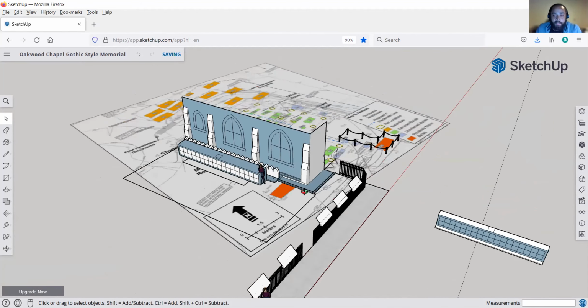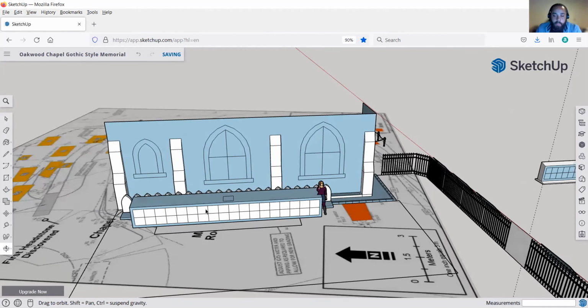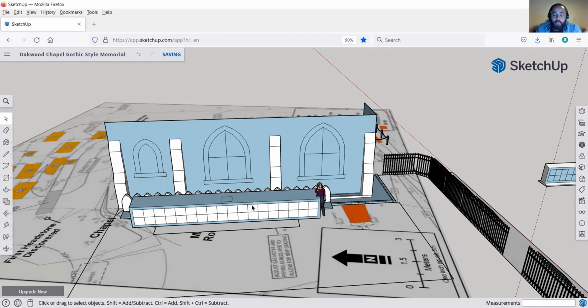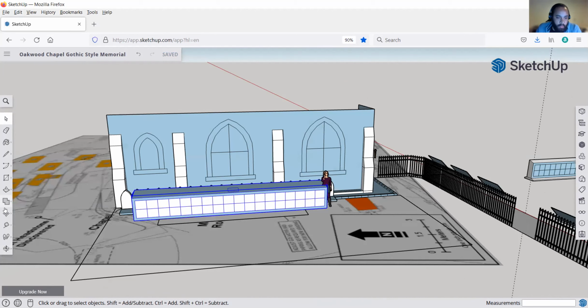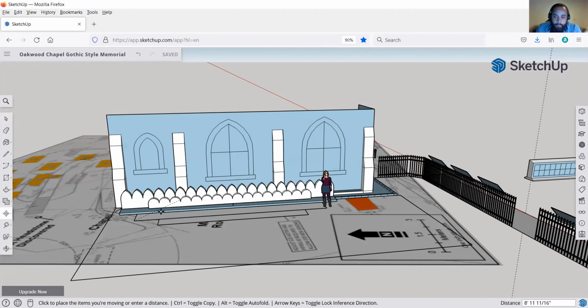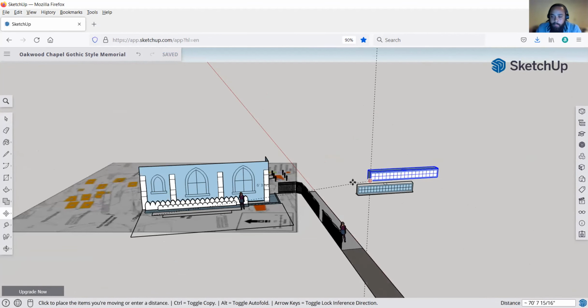And so right now, this has just been a great way to show and picture what a potential monument could look like. Let me move this one out of the way and go back to the Gothic style monument.